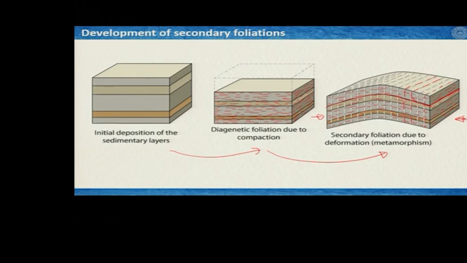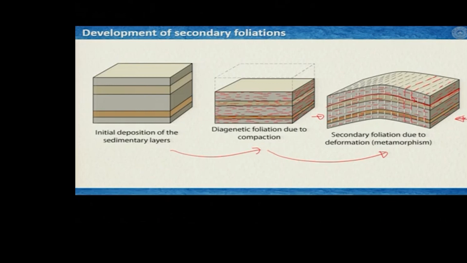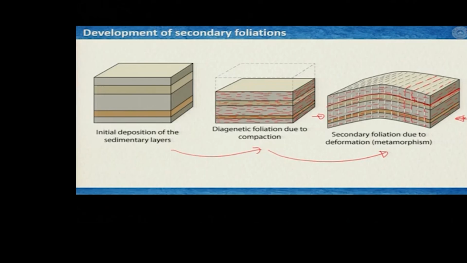They also maintain some sort of angular relationship with this primary layering, and these angular relationships are very important in revealing several structural features and deformation histories. Not necessarily do they have to be always at an angle; they can be parallel as well, but we will see this later, what happens if the secondary and primary foliations are parallel to each other.